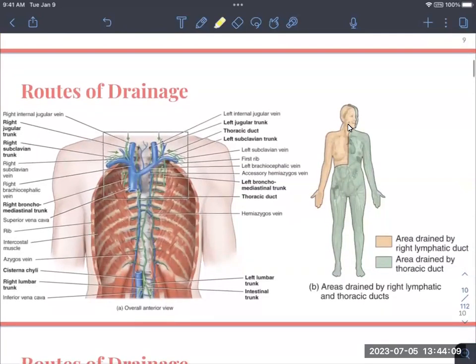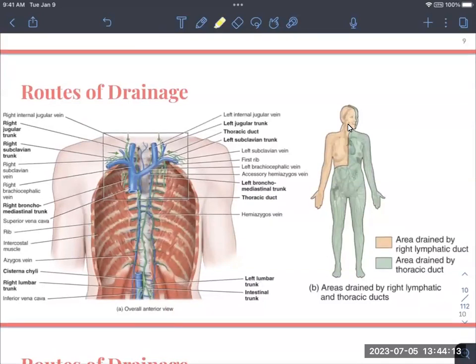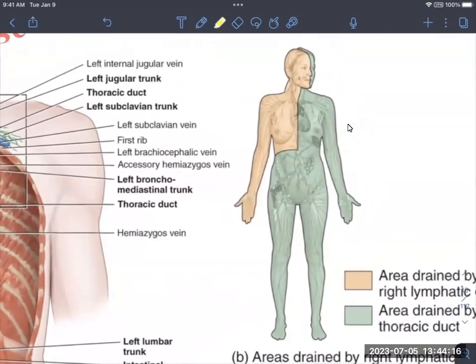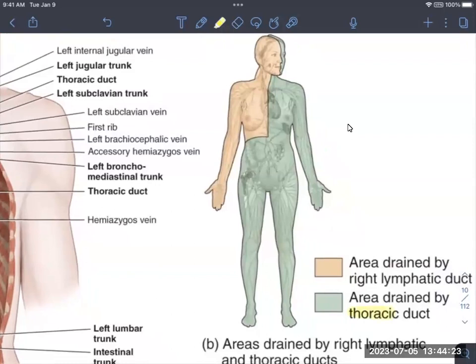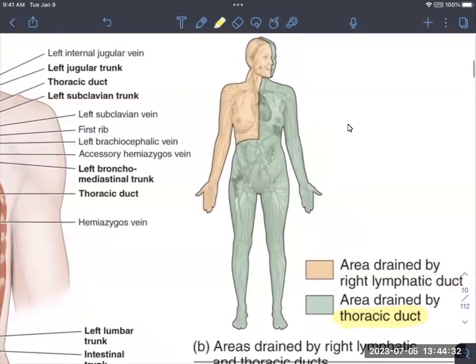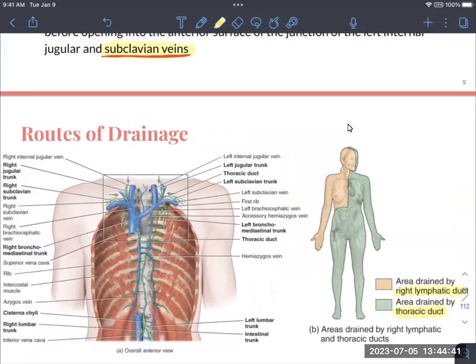So here we can see everything in green on this image here. That is everything draining from that thoracic duct that goes into that subclavian vein. Everything in kind of beige tan, that is receiving that right lymphatic duct.